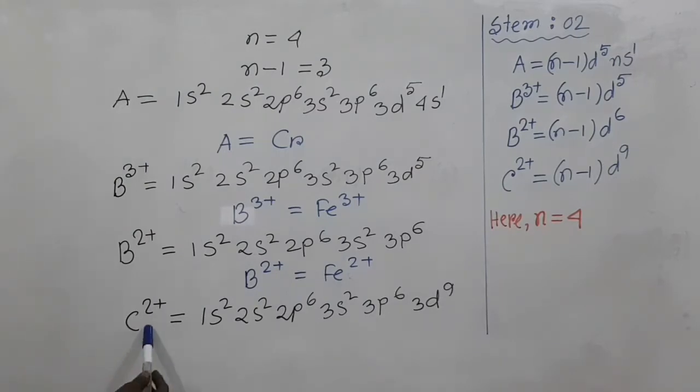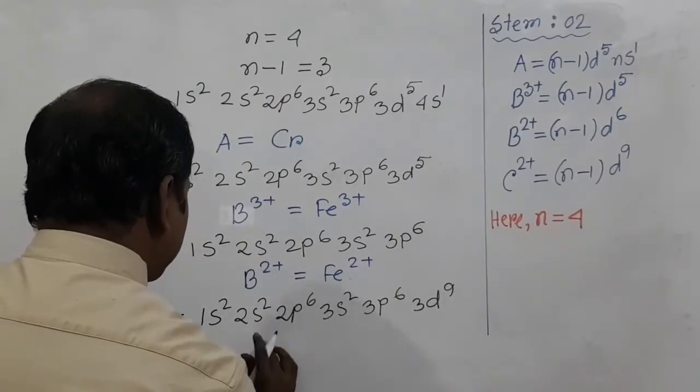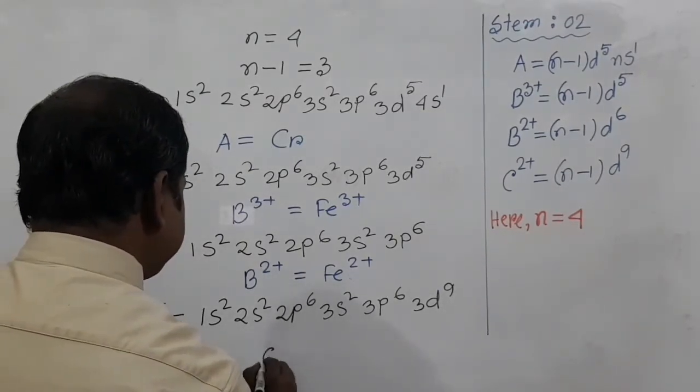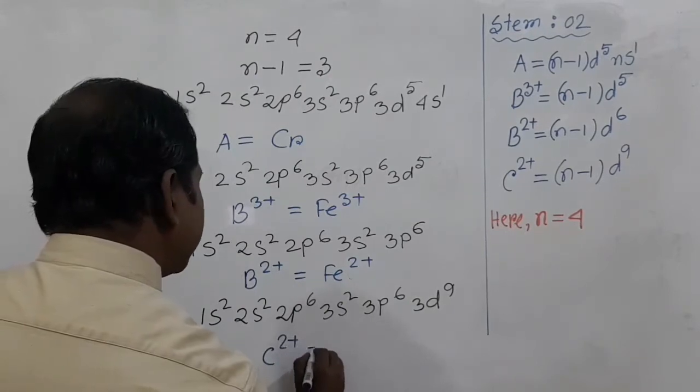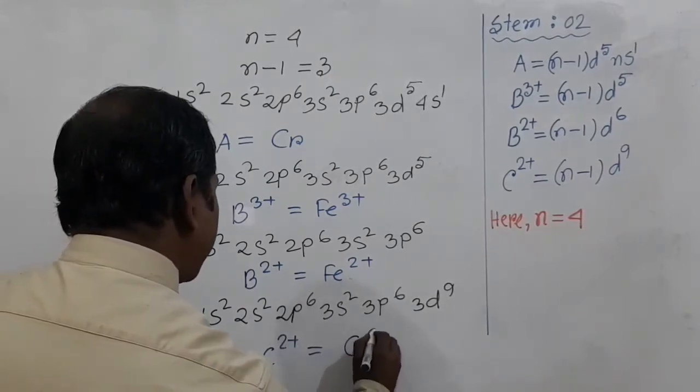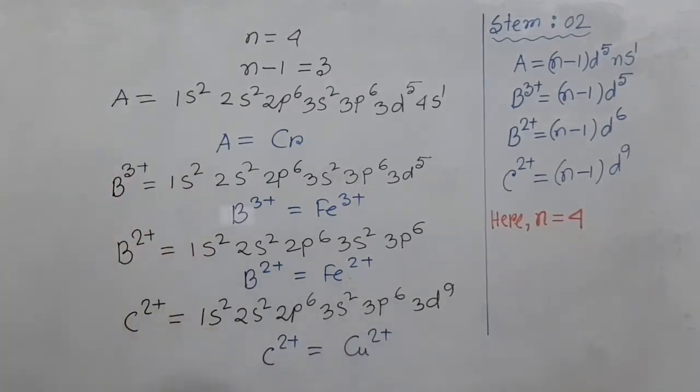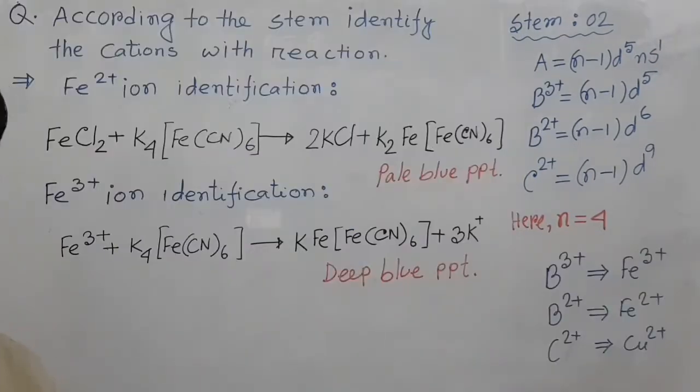So according to this electronic configuration of Cu2+, we can say that it represents copper 2 plus. My dear students, according to our discussion, now we solve some questions.